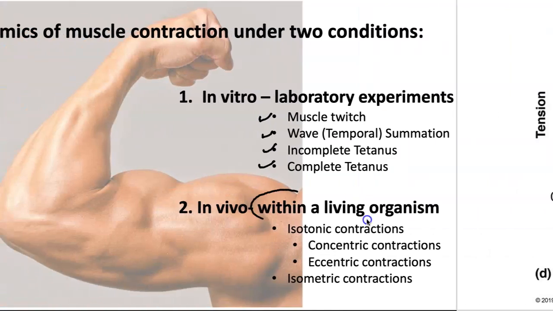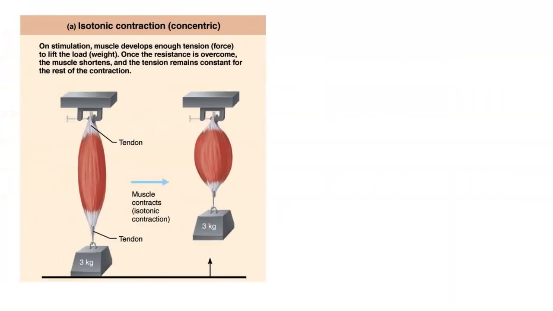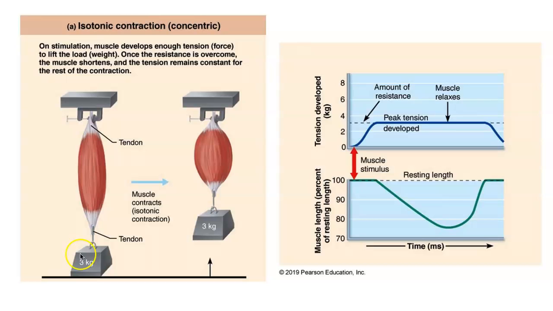And now we're on to contraction within a living organism, the way our muscles contract, which are isotonic and isometric contractions. An isotonic contraction is a contraction where the muscle moves the load, like the example they're showing here. In this example, they're putting a 3-kilogram weight on the muscle.